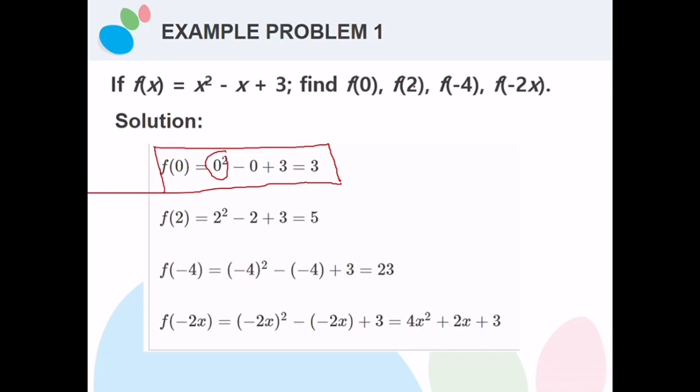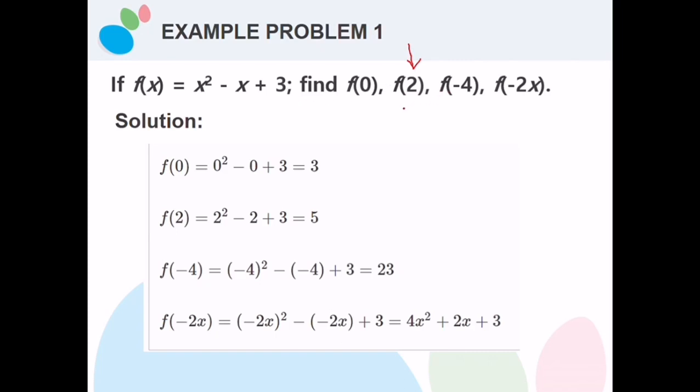How about if our x is equal to 2, or f of 2? We are going to find f of 2, wherein all our x will be equal to positive 2.